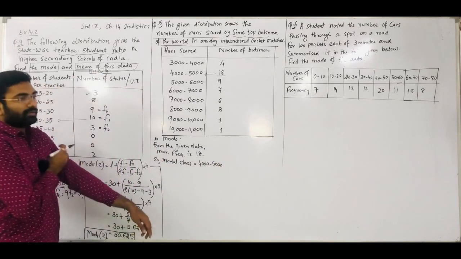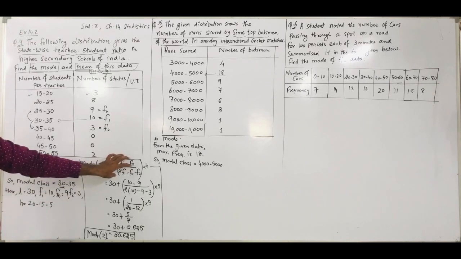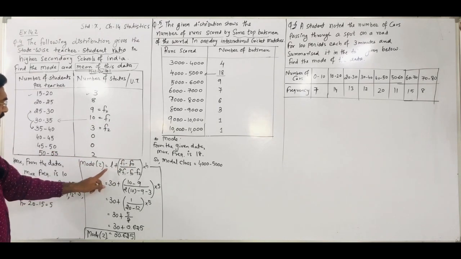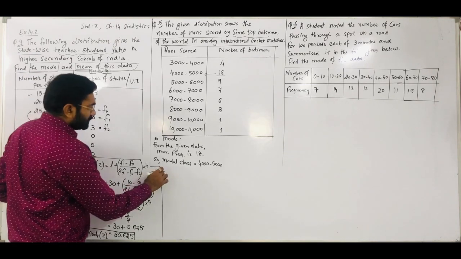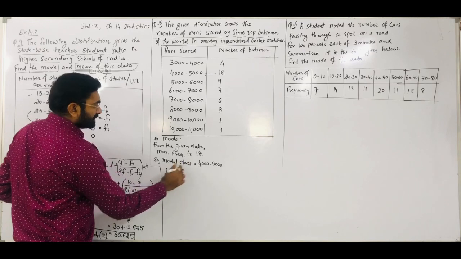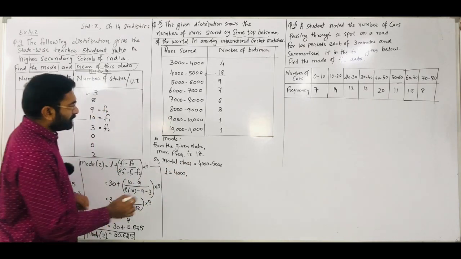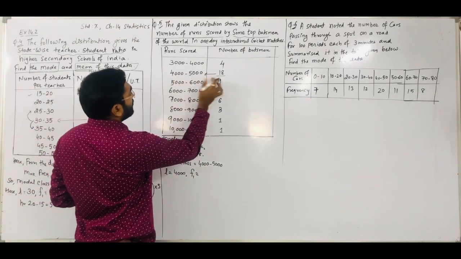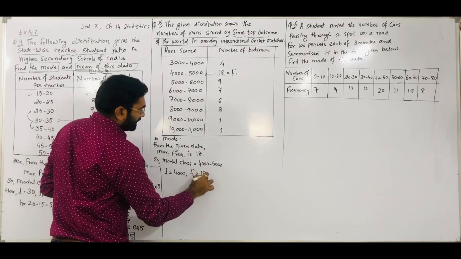Now, as we did in question number 4, whatever values we require in the formula, we have to find them. In the formula we require the L value, the lower limit of the modal class, which is 4,000. Then F1 value, the modal class frequency, is 18.